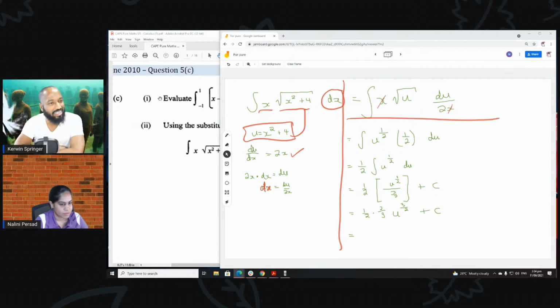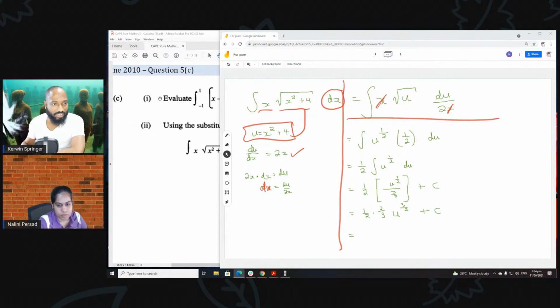Do you understand what I'm saying there? Say so in the chat if you got up to that point. So what Miss did was she substituted u, she substituted for dx, and then this x interacted with that x in a lovely way for us, which is what you expect to happen. And you'll just end up with something that you can integrate with respect to u, something in u.